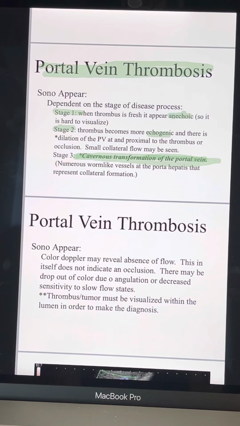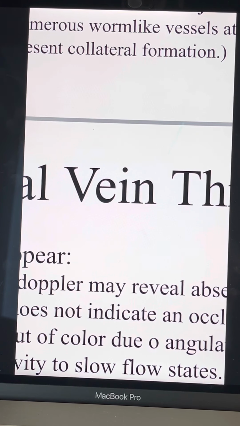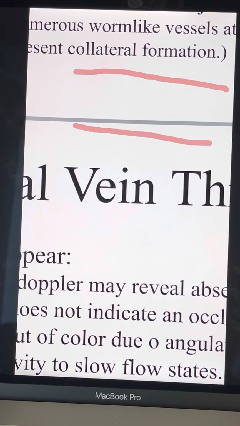To understand cavernous transformation of the portal vein, if I draw the portal vein over here, and if there is a thrombus over here, the blood is not coming inside the liver normally.